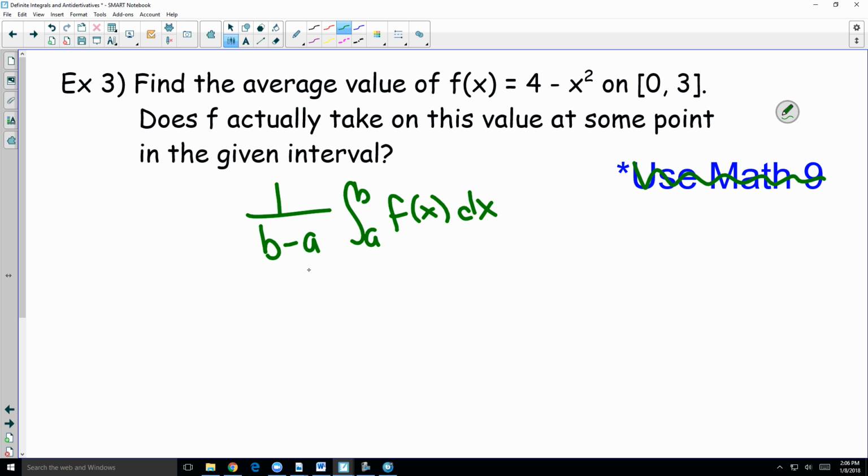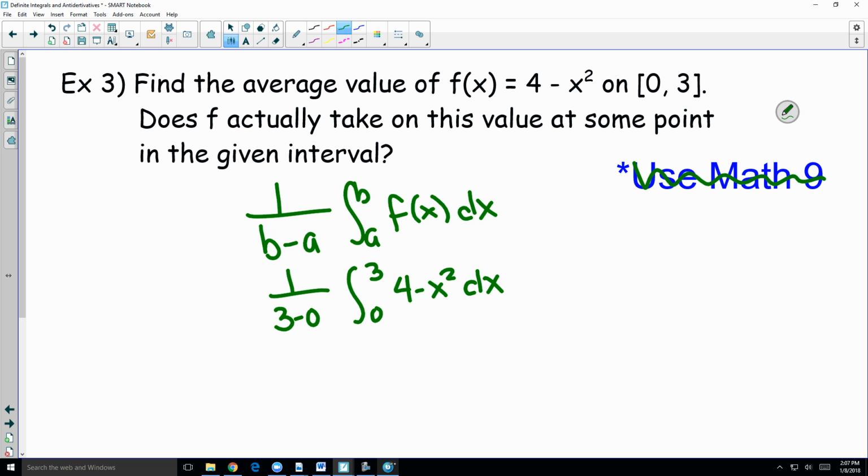My bounds here are from 0 to 3, so I'm going to do 1 over 3 minus 0 times the integral from 0 to 3 of, we can actually plug in the function now, 4 minus x squared dx. We're going to go over to the calculator to evaluate this.